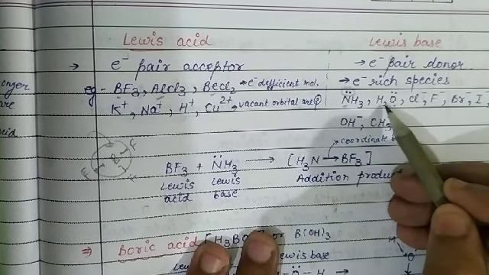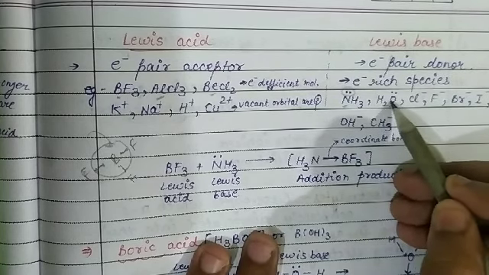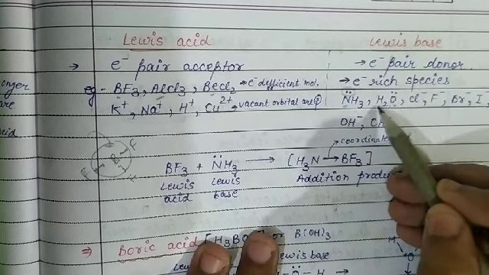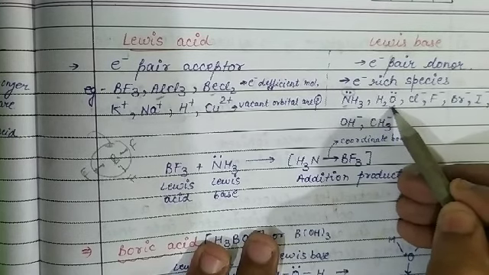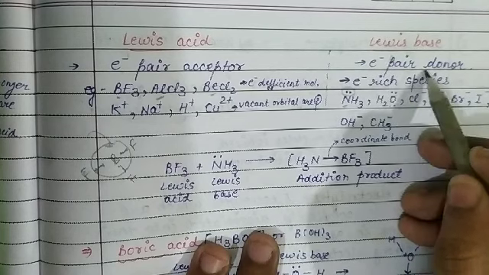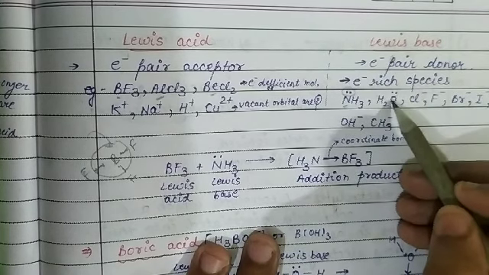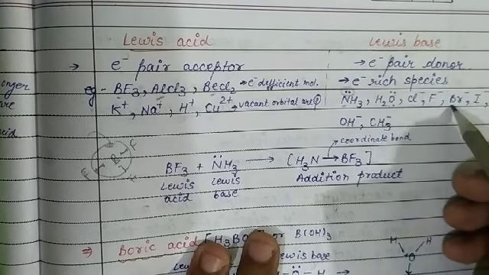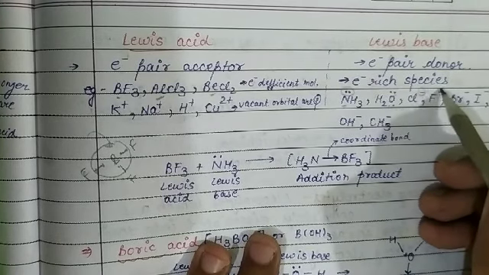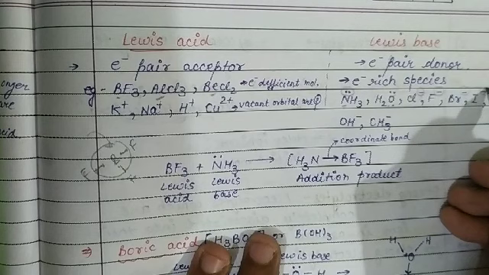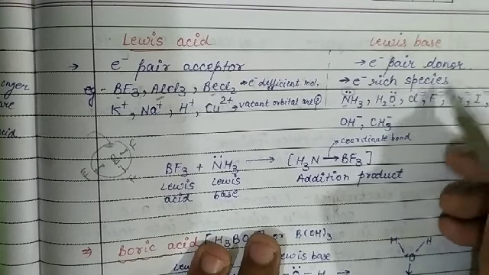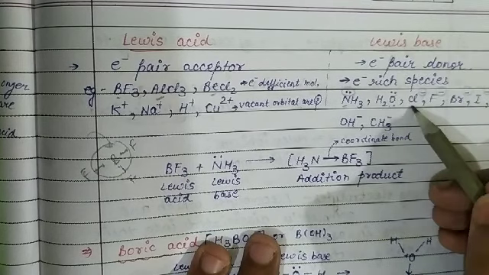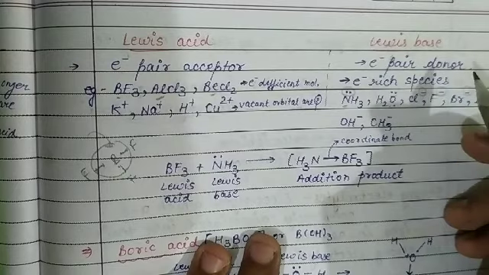In water, oxygen has formed 2 bonds with hydrogen and has 2 extra electron pairs. These electron pairs can be donated, and hence it is also a Lewis base. In Cl-, F-, Br-, all have an extra electron pair in the form of negative charge. So these electron pairs can be donated. Hence, these also behave as Lewis bases.